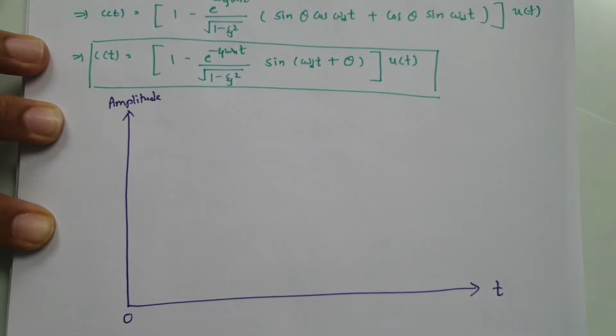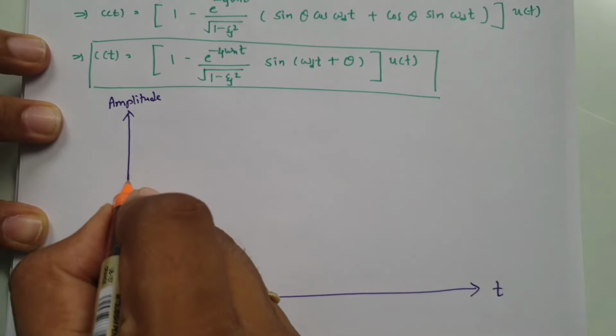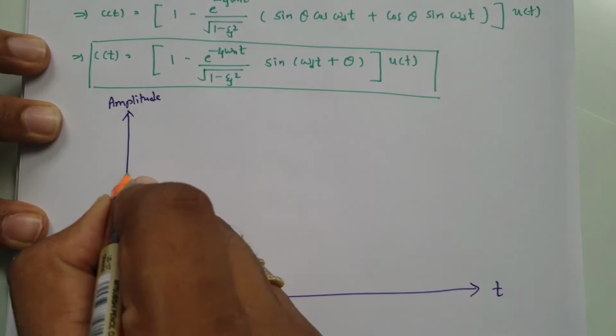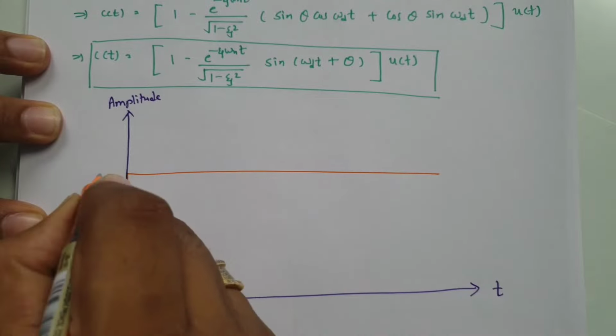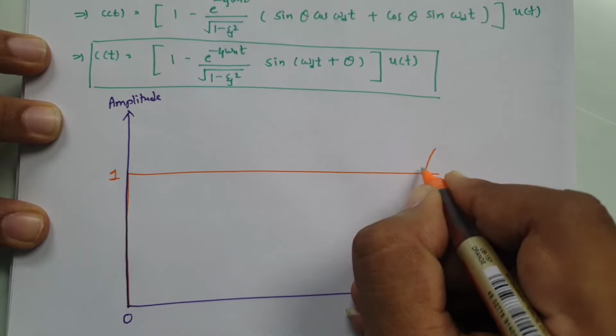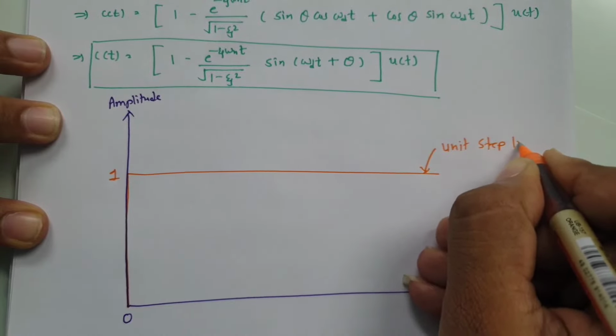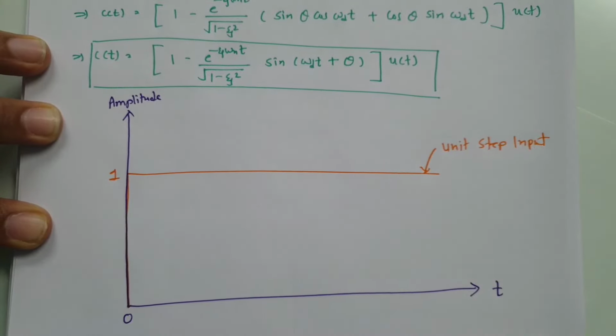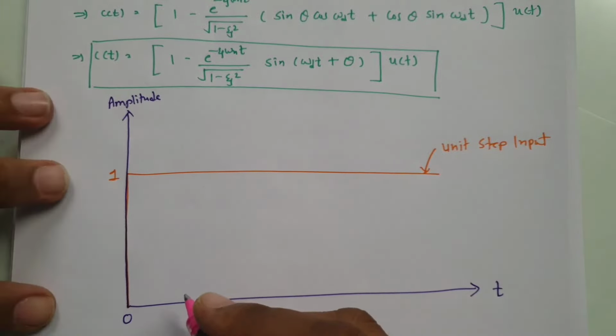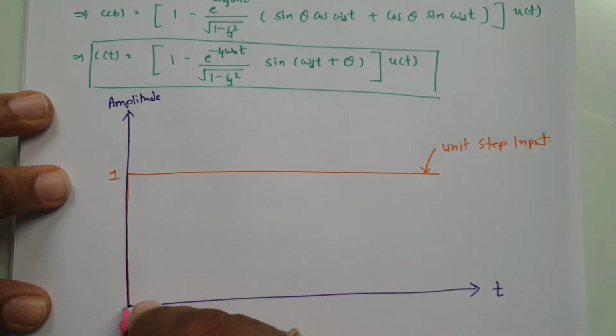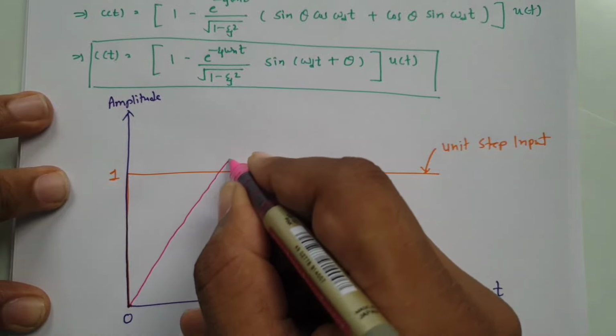Here time is equal to 0, and our input is a unit step input, so here the magnitude is 1, and this is my input. Let me plot the response first and then I'll explain how that is happening. So see, the response is happening like this.